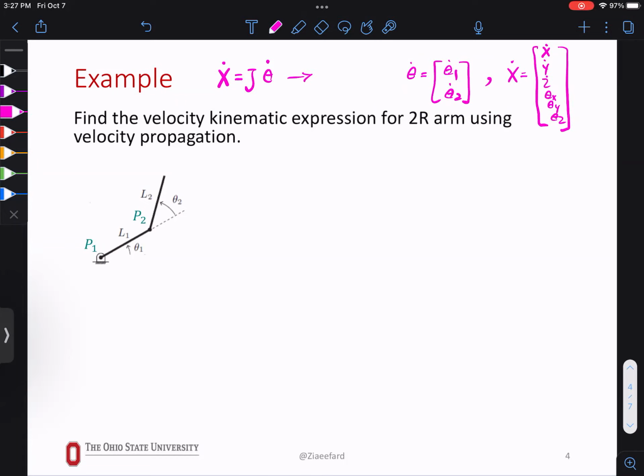Because we said, okay, in 2D, the only velocities that are important for me are in the x and y direction because there is no movement in z. So that was a partial kinematics because we had information about everything else. Now, with this method, we're going to find the whole Jacobian, all of it. And you will see that some part of it has so many zeros that it doesn't matter.